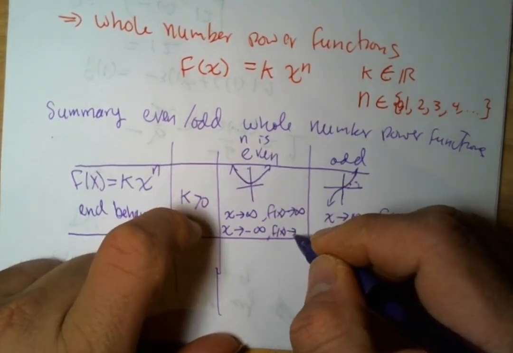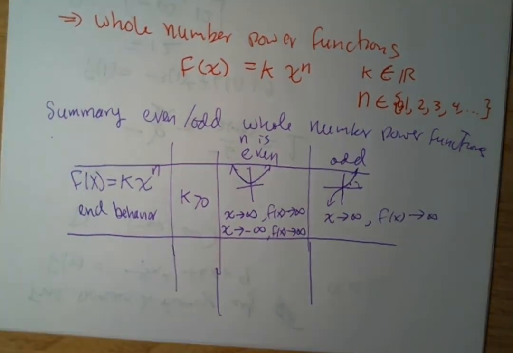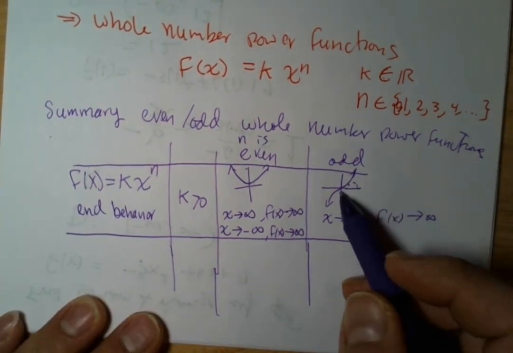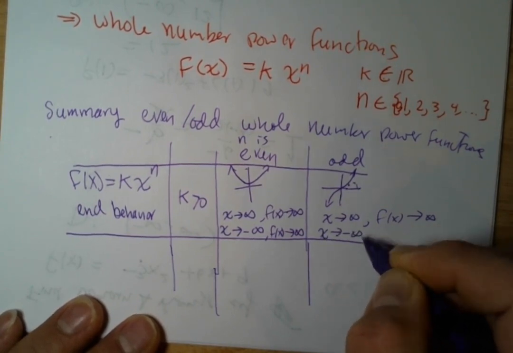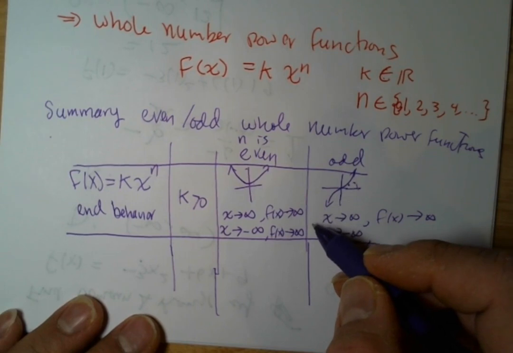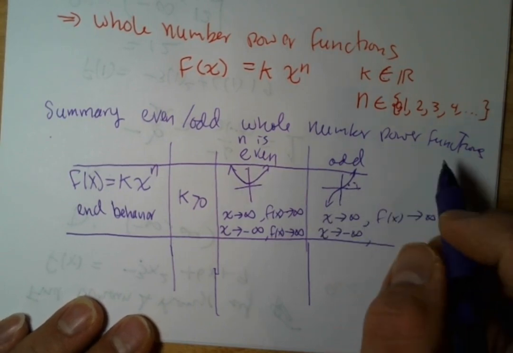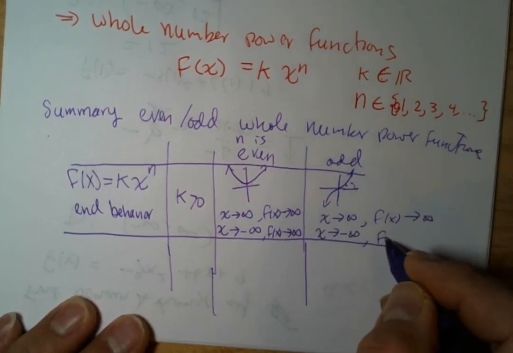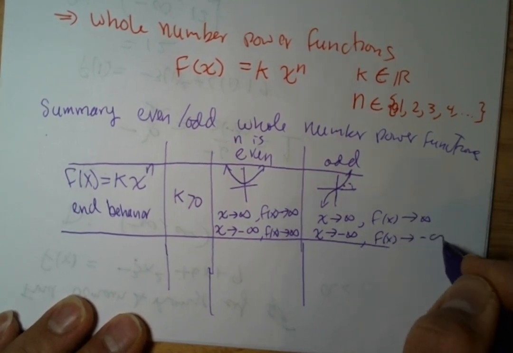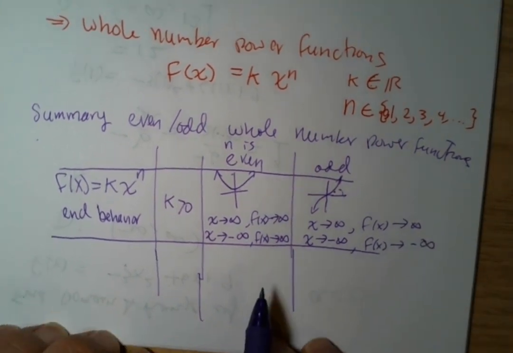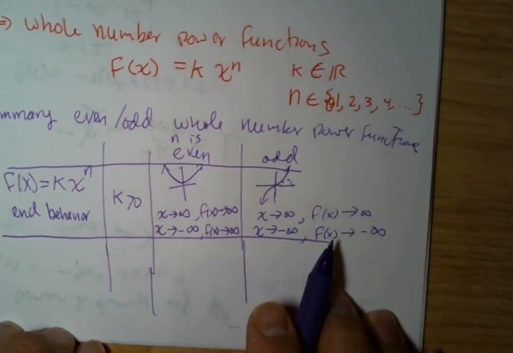So f of x goes towards positive infinity as x goes to negative infinity. Now for odd functions, we have the opposite behavior. As x goes to negative infinity, these values continue to decrease. So f of x keeps getting more and more negative.